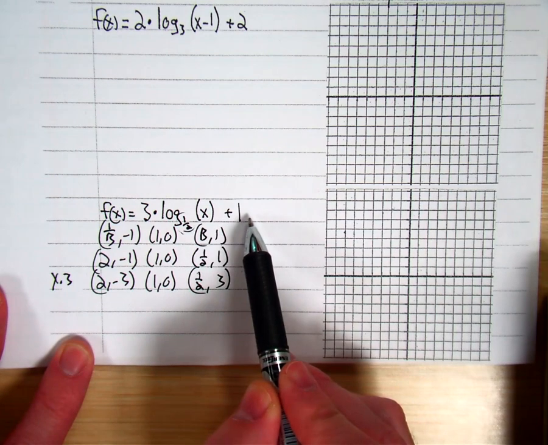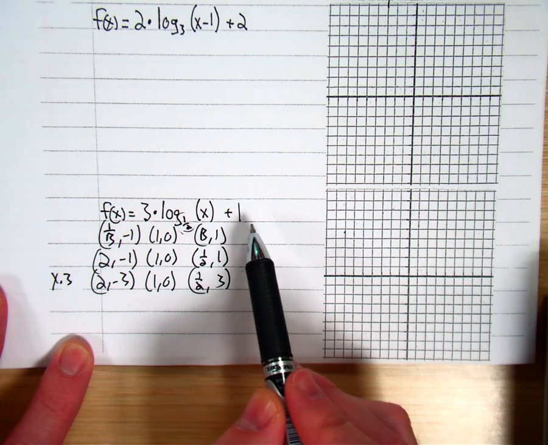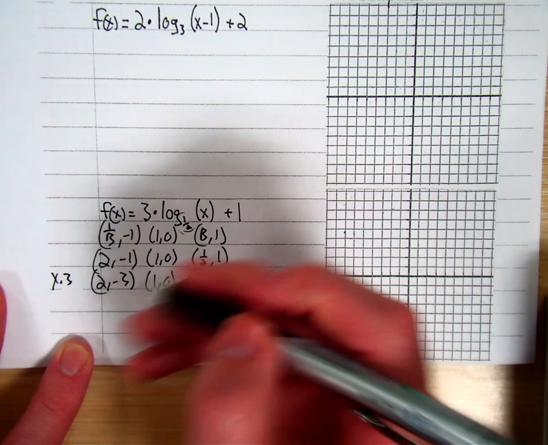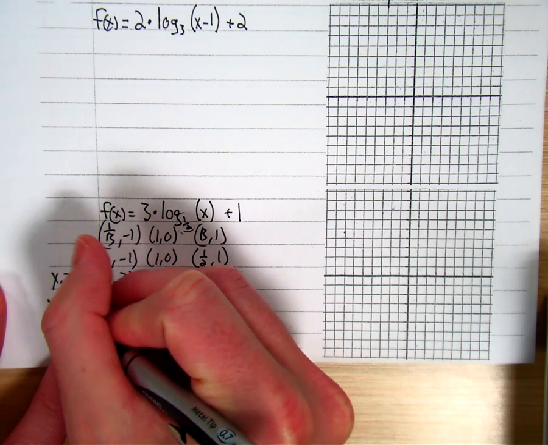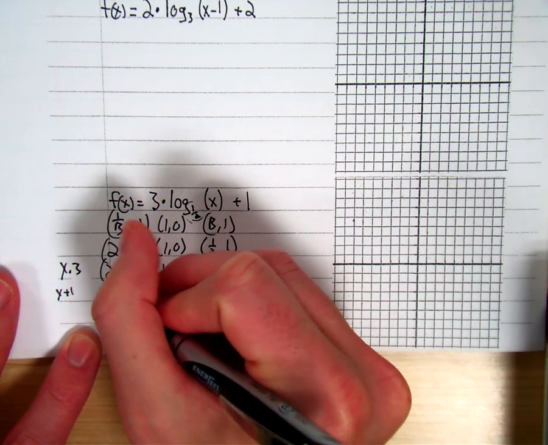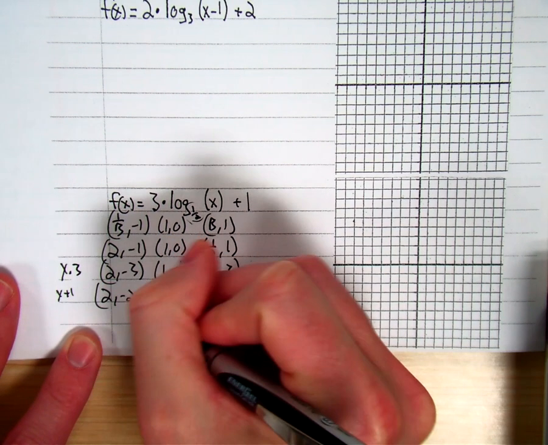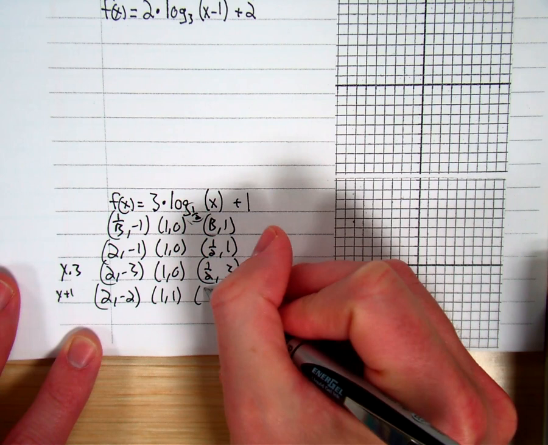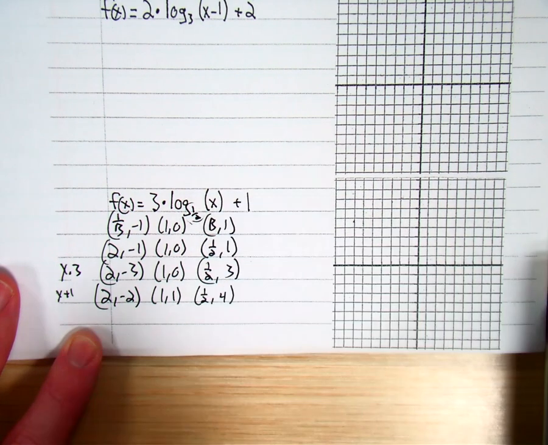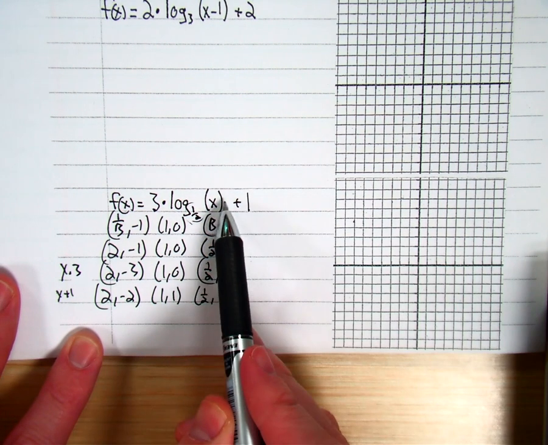All right, now we don't have any horizontal change, but we do have a vertical change, a plus 1 there on the y's. So we're just going to do y plus 1s. 1, comma, 1, half, comma, 4.